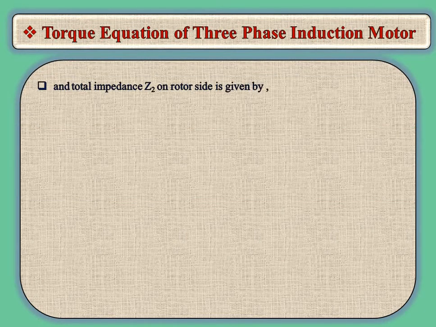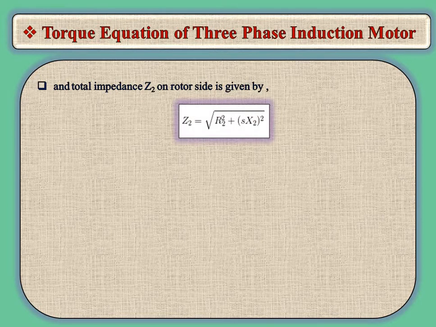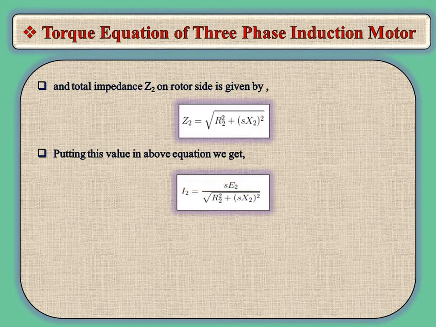Now the total impedance Z2 is given by Z2 equal to square root of R2 square plus SX2 whole square, where R2 is the rotor resistance per phase, S is slip, and X2 is the rotor reactance per phase at the rotor side. Now putting this value in the above current equation, we get I2 equal to SE2 divided by square root of R2 square plus SX2 whole square.